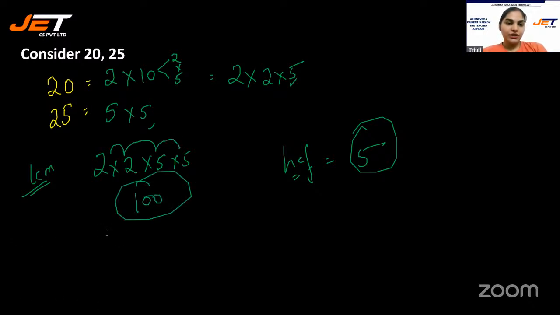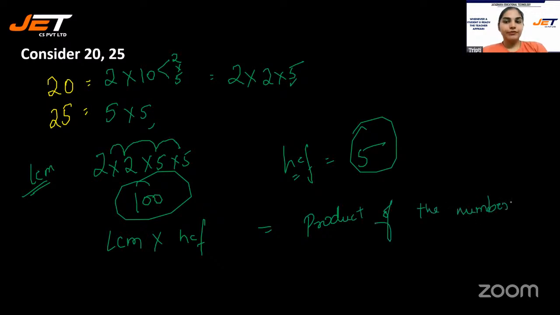What is the relation? The product of LCM and HCF should be equal to the product of the numbers for which you have found the HCF and LCM. So LCM is 100, HCF is 5, and the product of the two numbers, 20 and 25.